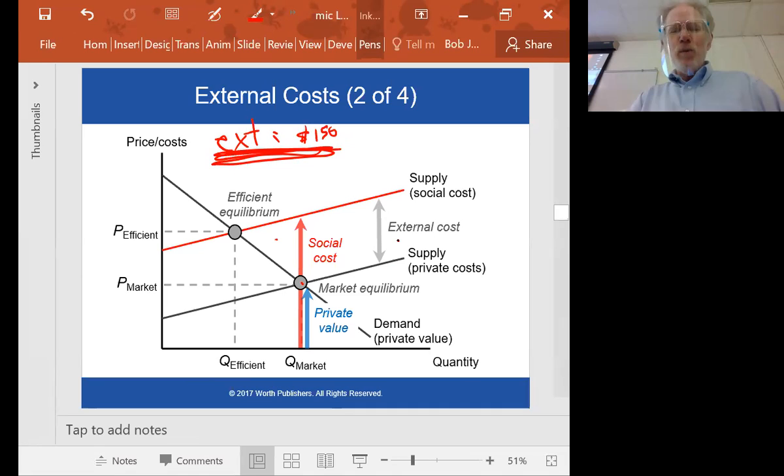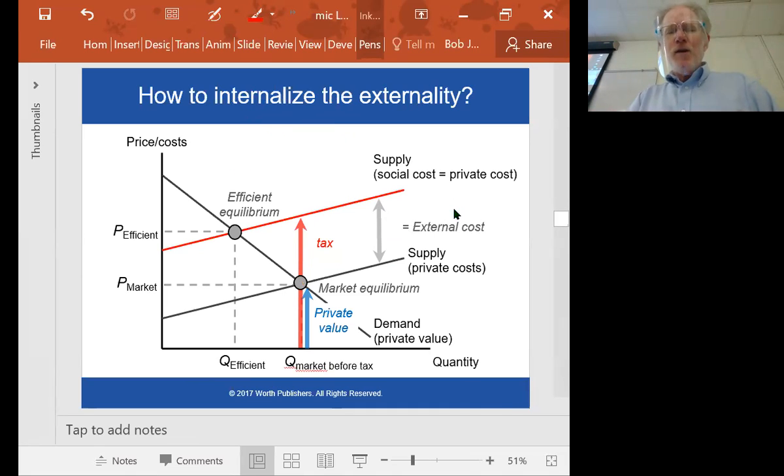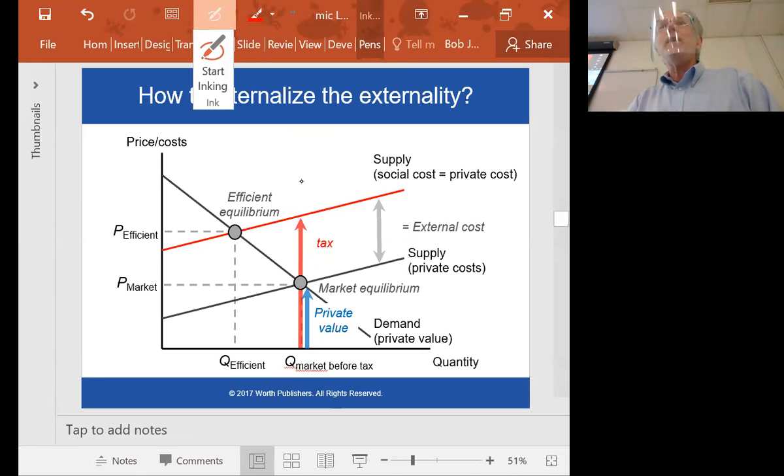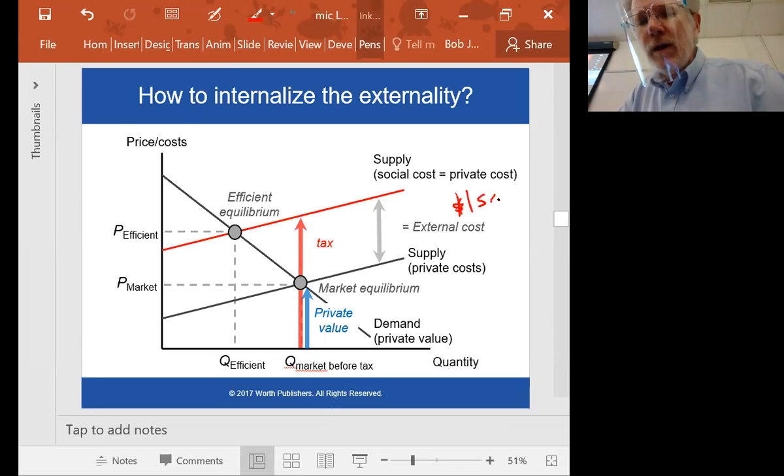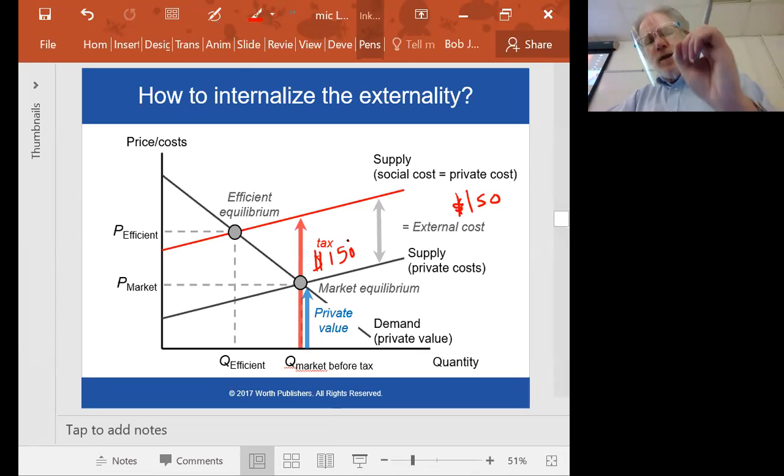Okay? Because when you impose a $150 tax on the producer, that means that the supply curve is going to shift up by the amount of the tax. So if the external cost is 150 and you impose a $150 tax, then the tax shifts the supply curve to exactly where we want it to be.